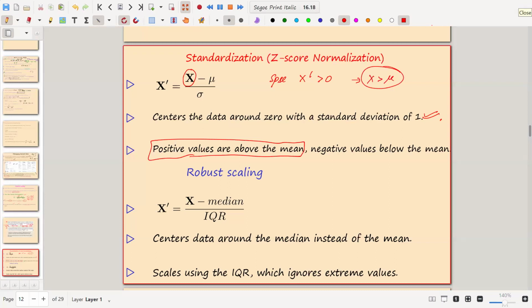I hope you understand the logic over here. How can this be positive? The numerator has to be positive. It can only be possible when x is greater than mu. Therefore I am telling you it lies above the mean.